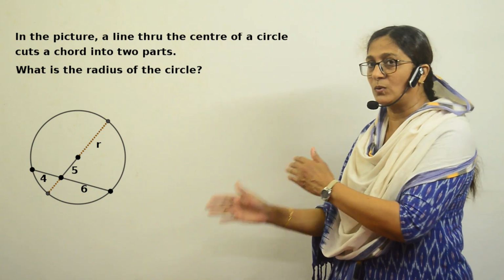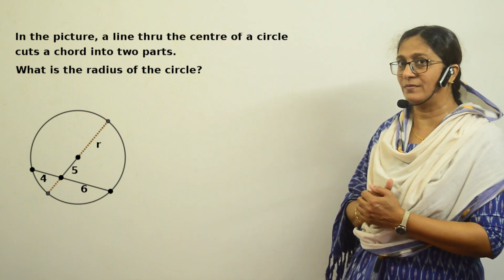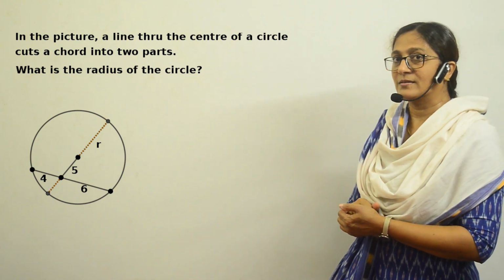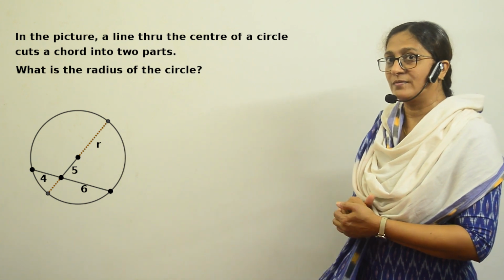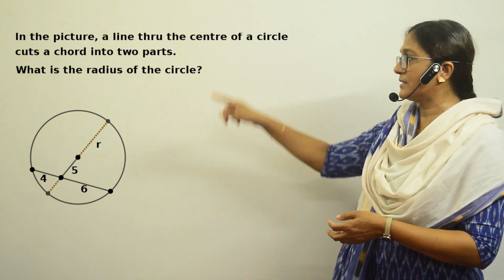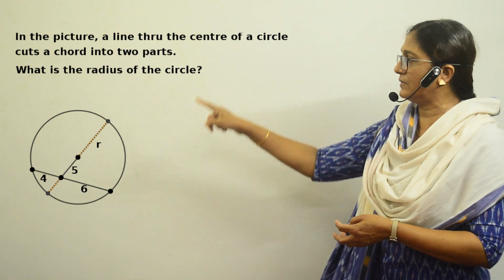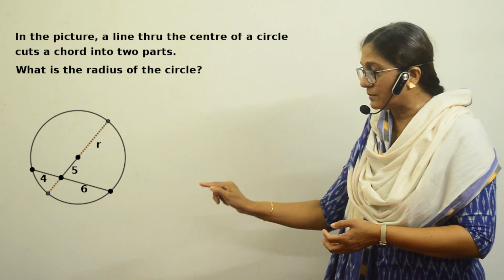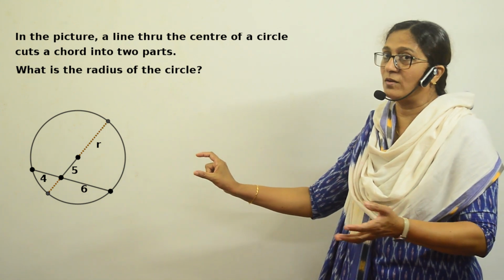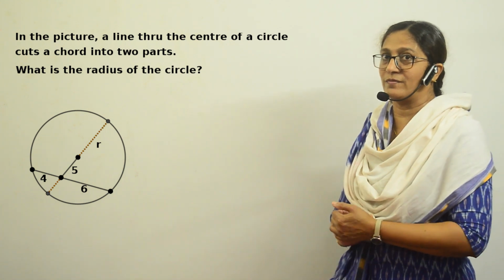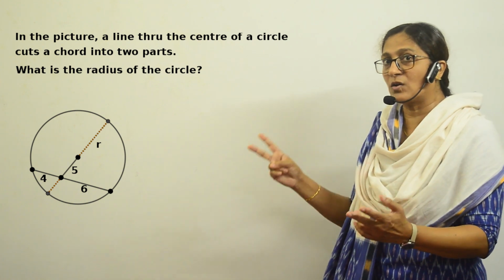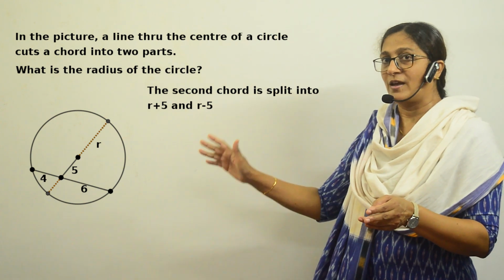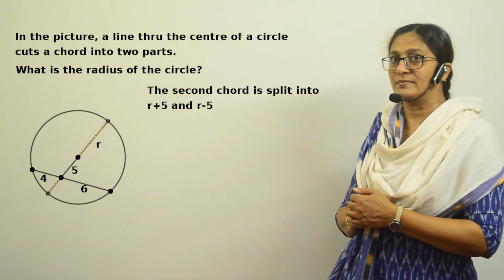The part below is R minus 5. Above the first chord is R plus 5. So we have this long length as R plus 5, and the small length below, we have already discussed, it is R minus 5. So the second chord is split into 2 parts, R plus 5 and R minus 5.